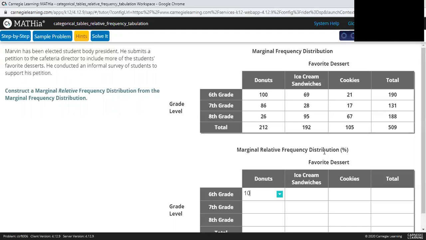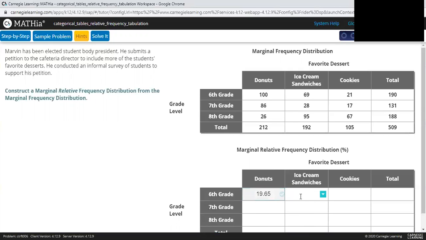So in here, I'm going to create this fraction 100 divided by 509. And now when you do this on your worksheet, you're going to want to type that right into your calculator. And then actually, we are going to multiply that by 100 because we want to turn that into a percentage, right?